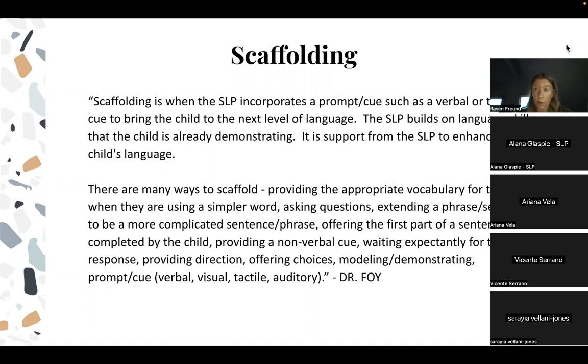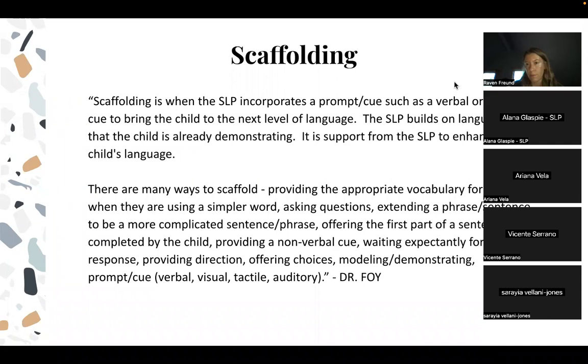This is from Dr. Foy herself: there are many ways to scaffold, such as providing appropriate vocabulary for the child when they're using a simpler word, asking questions, extending, and offering the first part of the sentence to be completed by the child. You can do this a lot when you're reading, providing a cue. So these are all different ways that you can scaffold a situation. But think of scaffolding as the SLP incorporating a prompt or cue to bring the child to the next level of language.